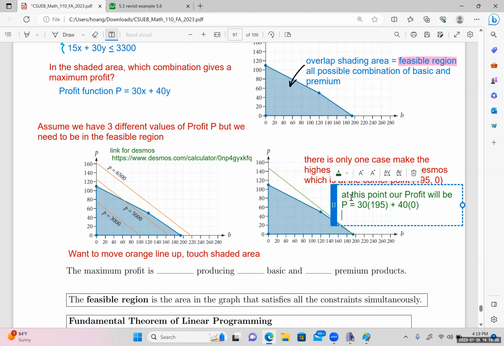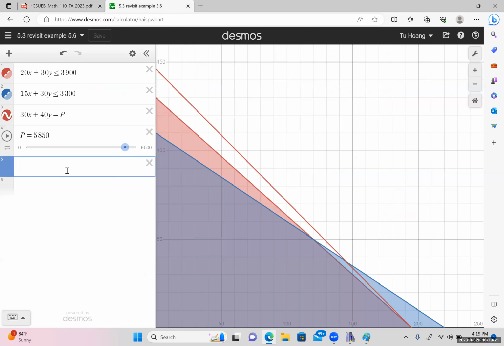So we have P equal to 5,850. You can check that with your calculators, but I'm pretty sure you will have that, okay? So that is it.